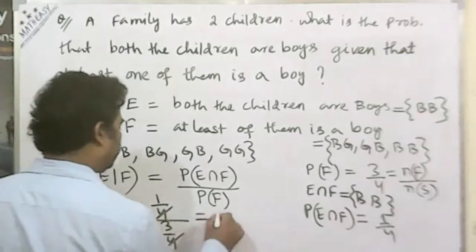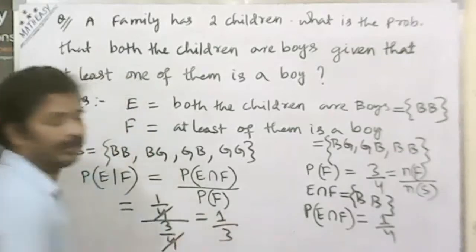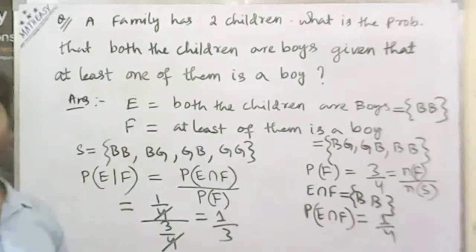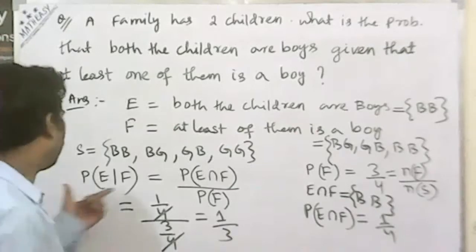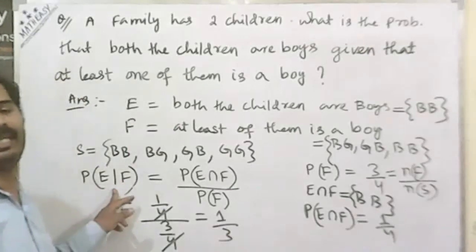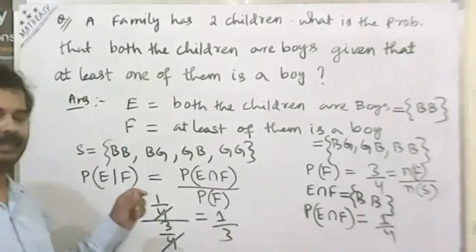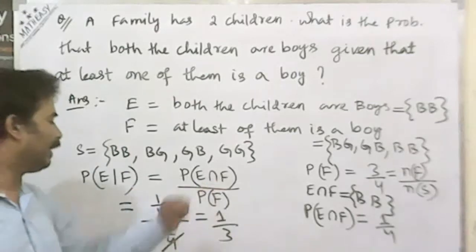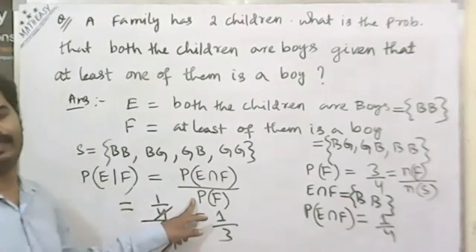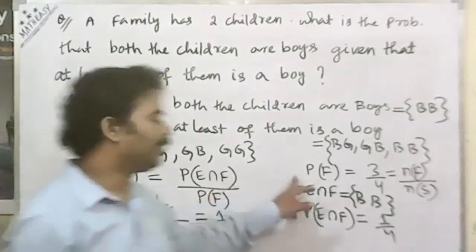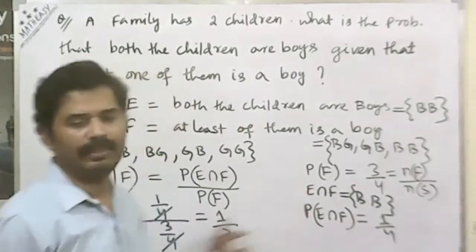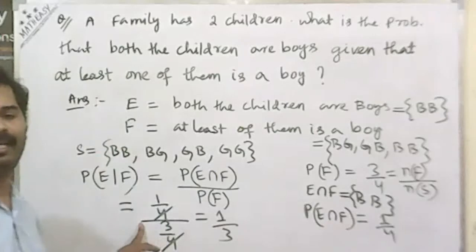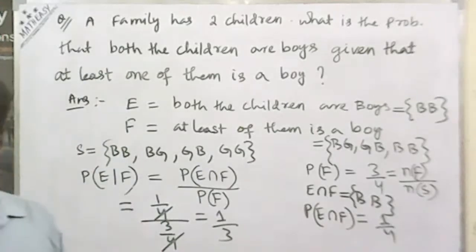Now 4 cancels, that is 1 by 3, the required result. So according to the question, E condition F means probability E intersection F by probability F is necessary. So you have to find out probability F and probability E intersection F. After that you put it here and get the result.